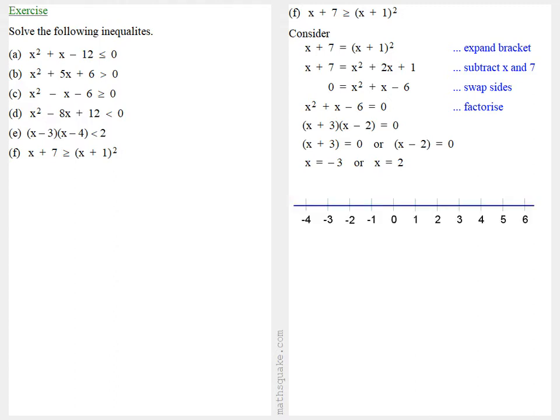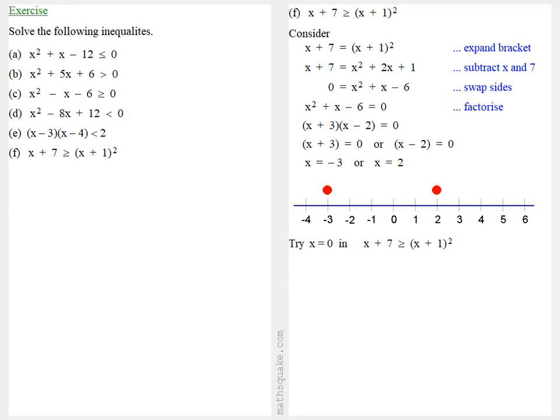So, on the number line, we mark 2 points, one at minus 3 and one at 2. We draw them as filled in because the original inequality has an equal sign. Now we have to decide whether we shade between them or outside the 2 points. So we choose a point that's not one of the original two.